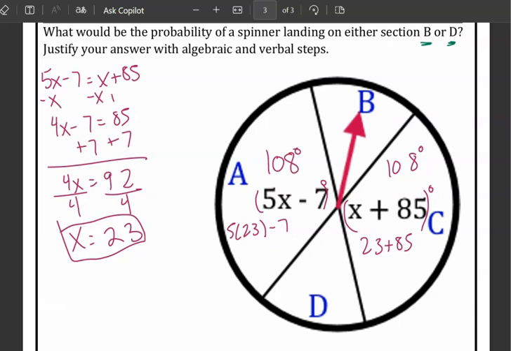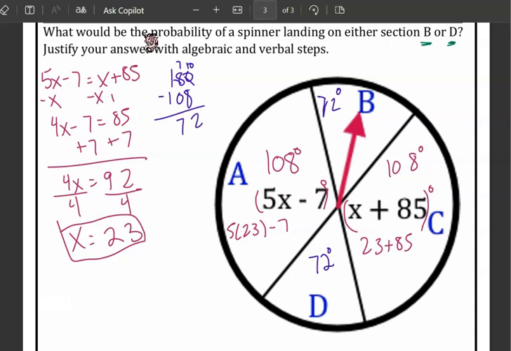And we know that B and D also have to have the same angle measurements. So we could do 180 minus 108. So this was 72 degrees, and then this one would also be 72 degrees.